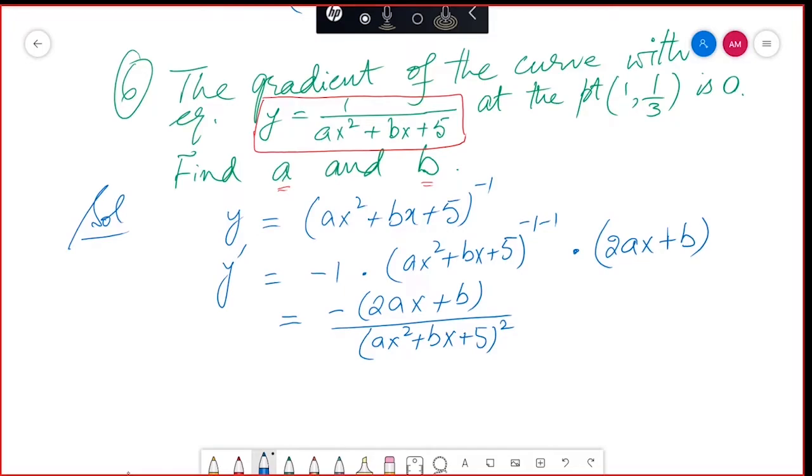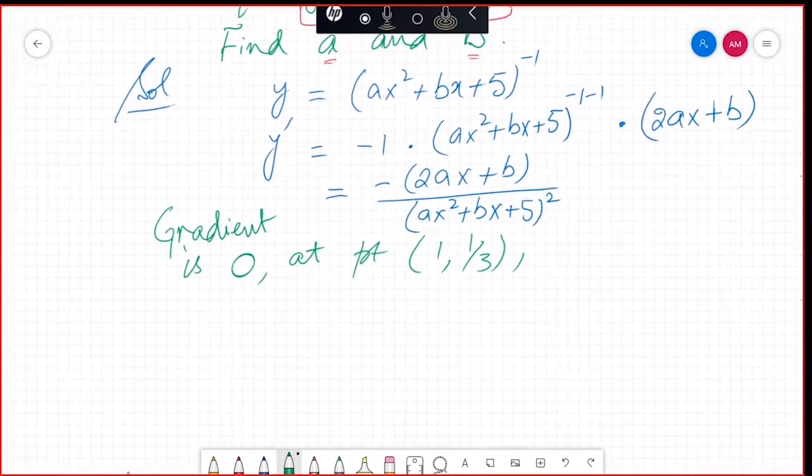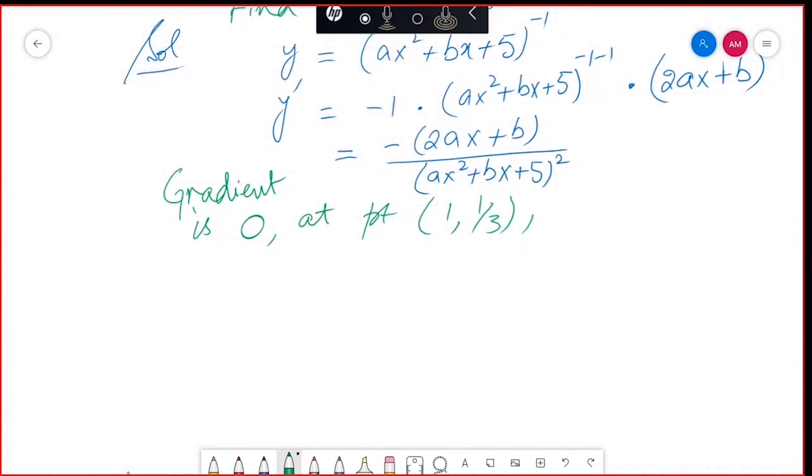What is the gradient? We have been given that the gradient is 0 at the point 1 comma 1 over 3. So we put that in and find the one equation. So this is y bar.